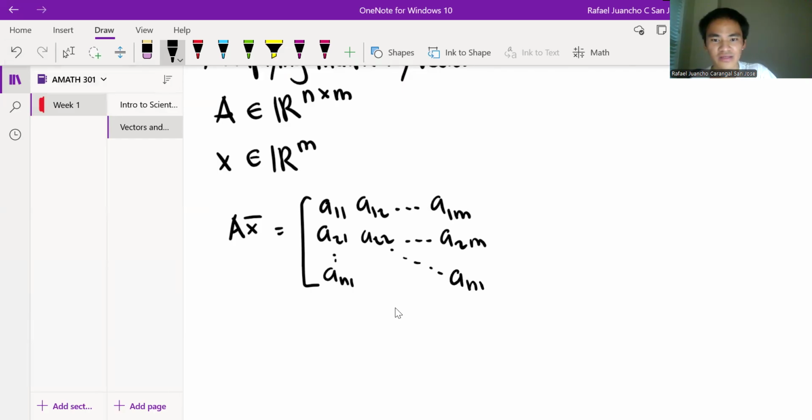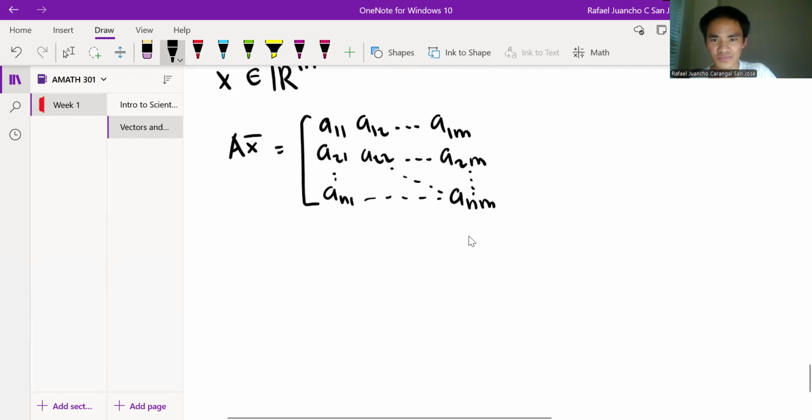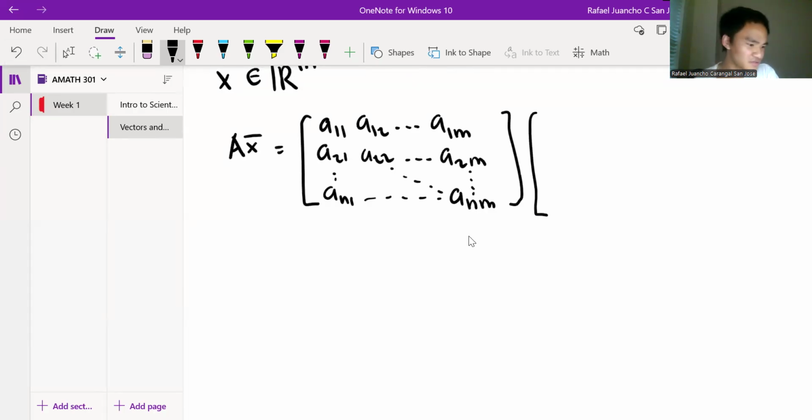This goes to anm. So this is our A matrix, and we're multiplying it with the x vector. So x starts at x1, x2, all the way to xm, because this has m rows.